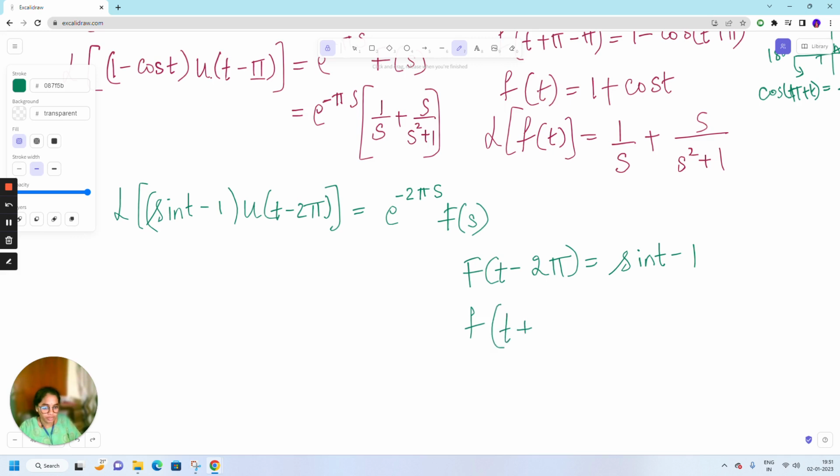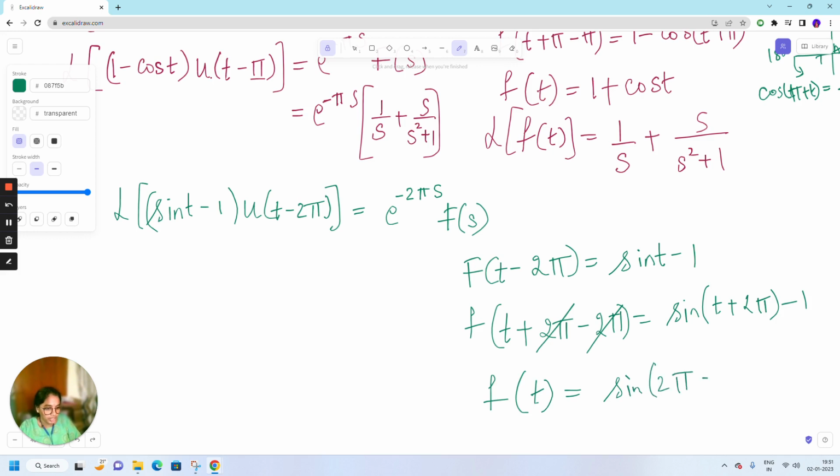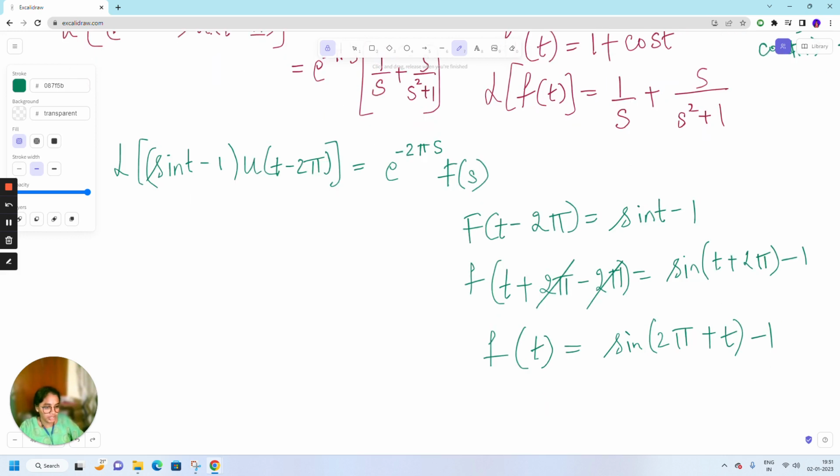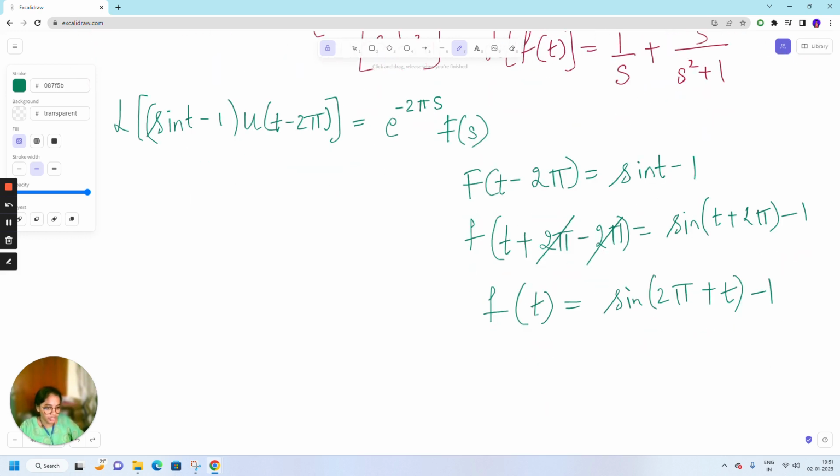I'll replace t with t plus 2 pi. So f of t is equal to sine of t plus 2 pi minus 1. Wherever I have t, I've replaced it with t plus 2 pi. Okay, these both get cancelled. f of t is equal to, what is sine of 2 pi plus t? Yes, sine of 2 pi plus t comes in the first quadrant.